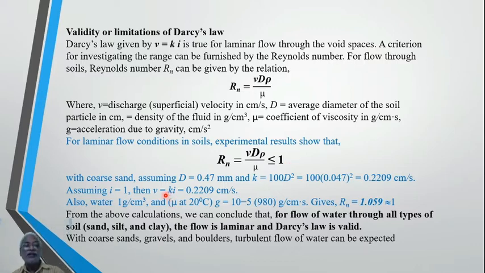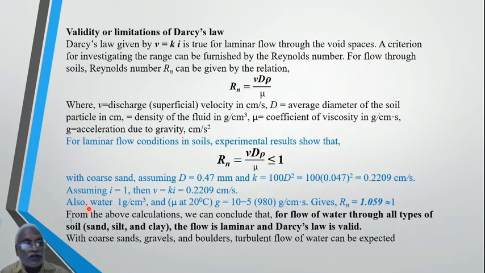With coarse sand, assuming d is equal to 0.47 mm, K is equal to 100 d squared, which is 0.2209 centimeter per second, because K is nothing but velocity under unit hydraulic gradient. Assuming i equal to 1, V is equal to Ki, 0.2209 centimeter per second.